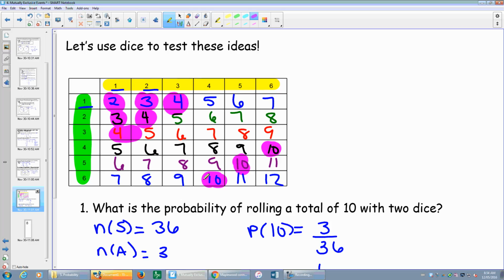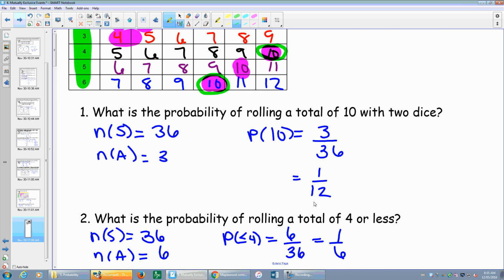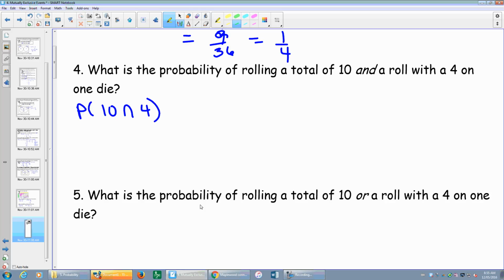And if so, how many times does that occur? It occurs twice. I can have here my yellow die with a 4 and a green 6. I can have a yellow 6 with a green 4. So there are two options. So I would have this as 2 over 36, which is another way of saying 1 over 18.